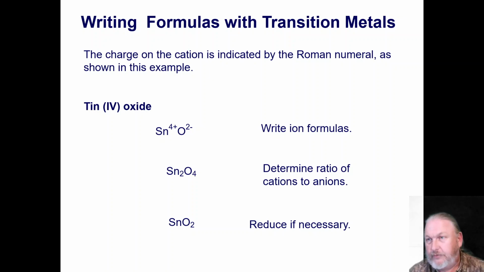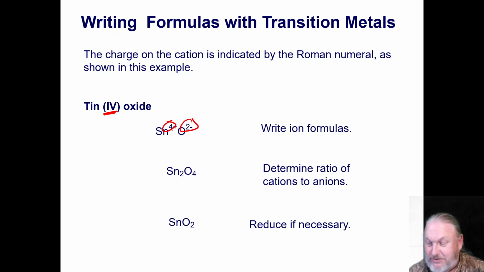Now, we have to make sure that we reduce those to the lowest whole number ratio. So this is a compound tin 4 oxide. Well, they gave me the charge right there. It's plus 4, tin 4. Tin 4 oxide, look at the periodic table, oxygen is 2 minus. There it is right there.